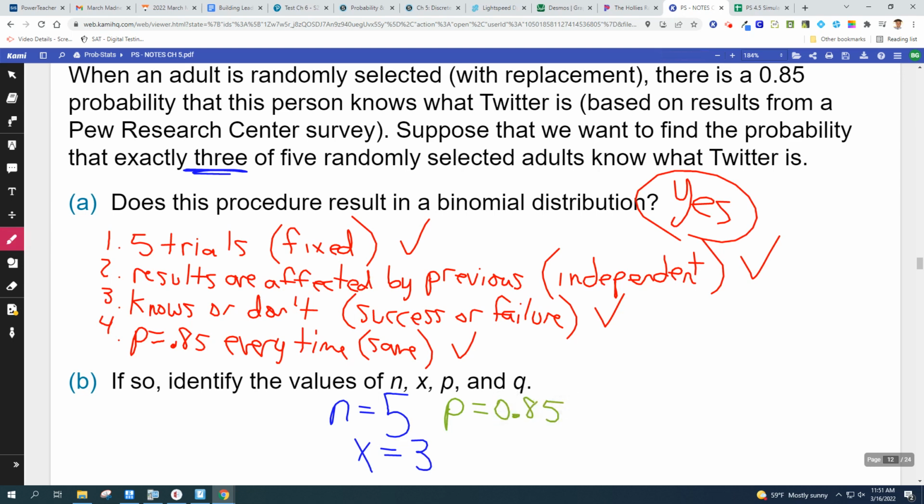They're probably never going to tell you q, but it's always easy to figure out because it's the number that's going to add up to 1, right? You got 85%. The other percentage must be what? 0.15, yeah, 0.15. 85% chance that it happens, 15% chance that it does not happen. There's your binomial.